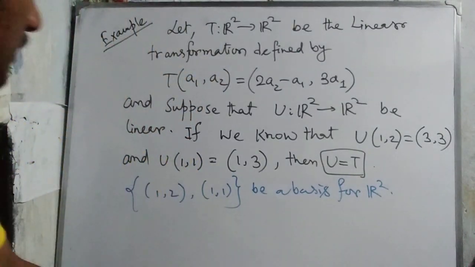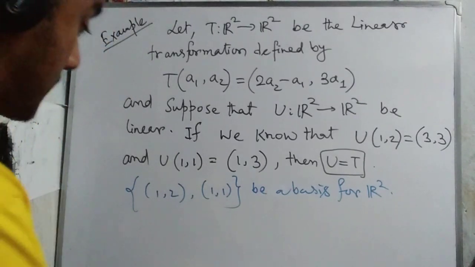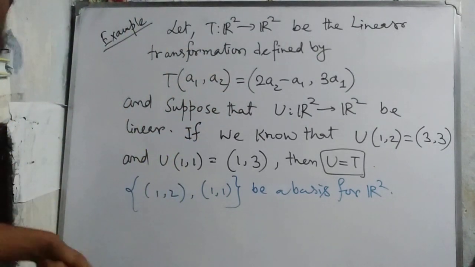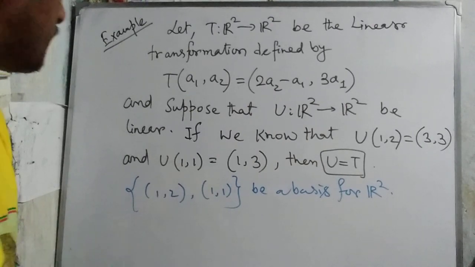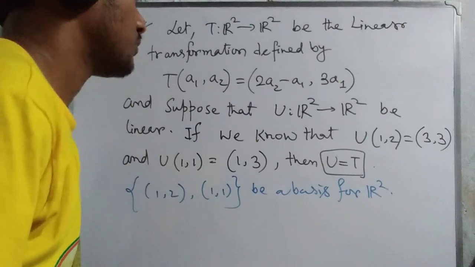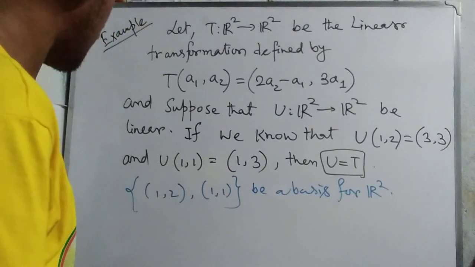And we also see how this happens. If this is a basis, and obviously U(vi) equal to wi, T(vi) equal to wi, and T(vi) we also check it now here.